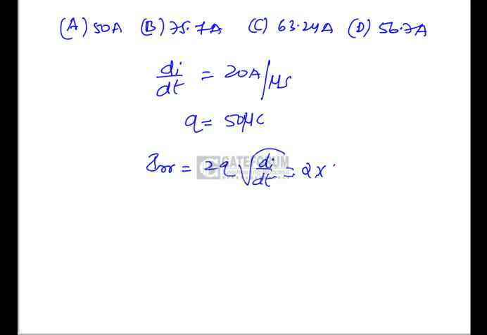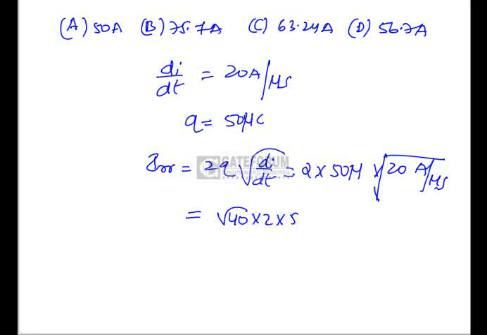So this is square root of 2 into 50 micro into 20 ampere per microsecond. The answer is square root of 40 into 2 into 50, so this is 63.24 amperes.